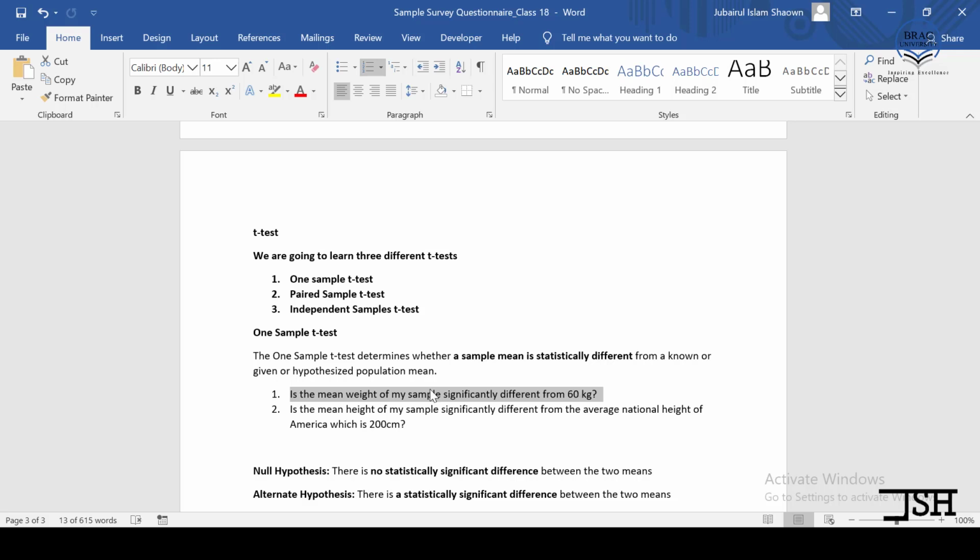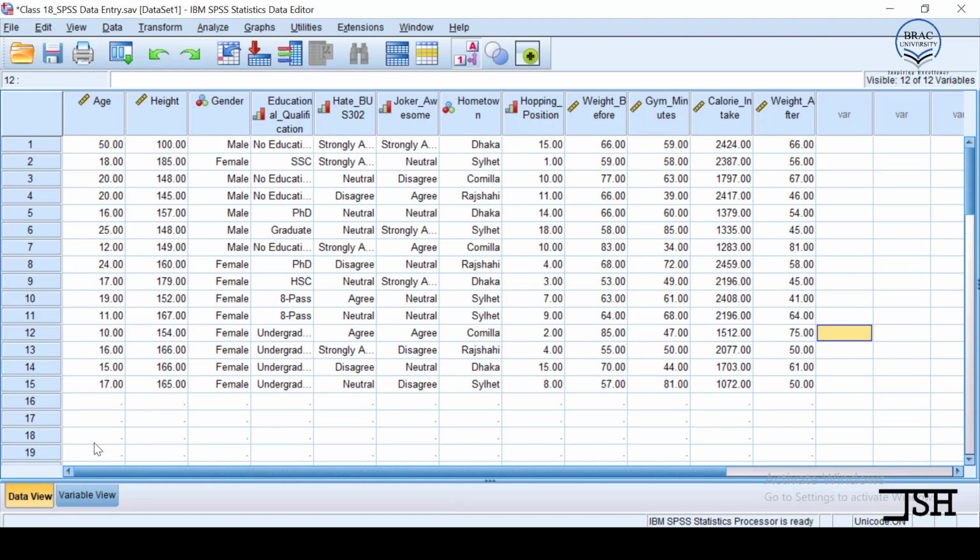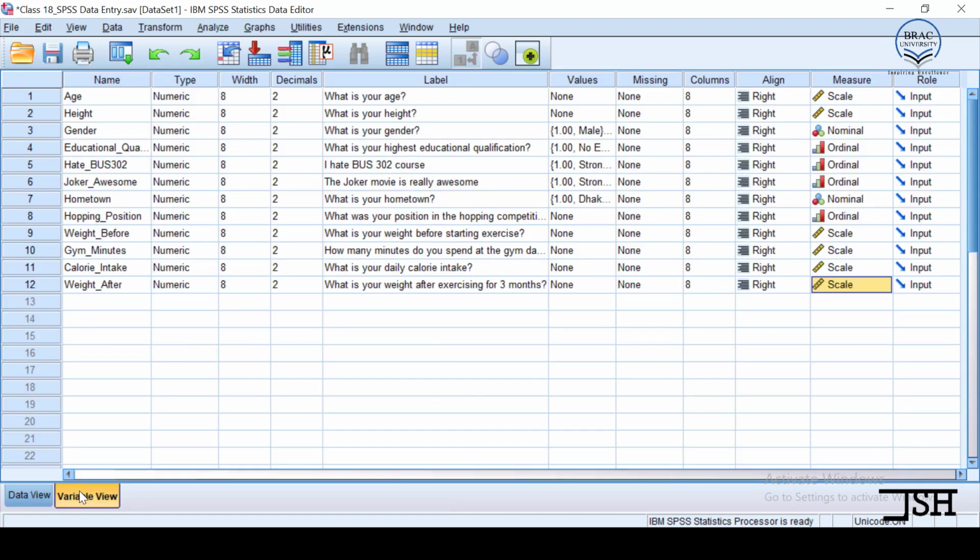So now that we know our question, let's go back to SPSS and try to find out the answer. The question is, we are trying to find out whether the mean weight of my sample is different from 60 kg. So let's go back to the SPSS file. So here is the data view, and on the other hand, we have the variable view. Now let's go back to the data view.